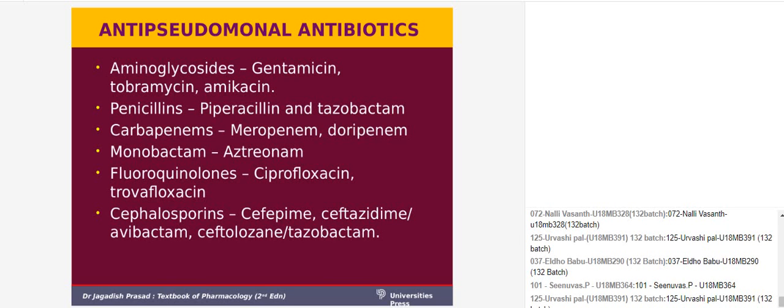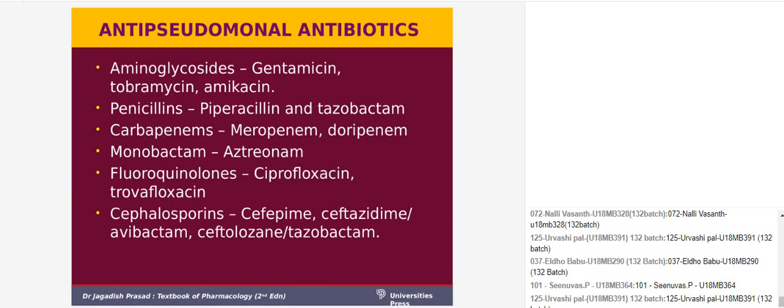So these are the drugs which are used as anti-pseudomonal antibiotics. So when they ask a question regarding anti-pseudomonal antibiotics, you have to mention all these antibiotics and write about their mechanism. At times they ask us an essay on anti-pseudomonal antibiotics. So it is not a single group of antibiotics, but multiple groups of antibiotics which are used over here.